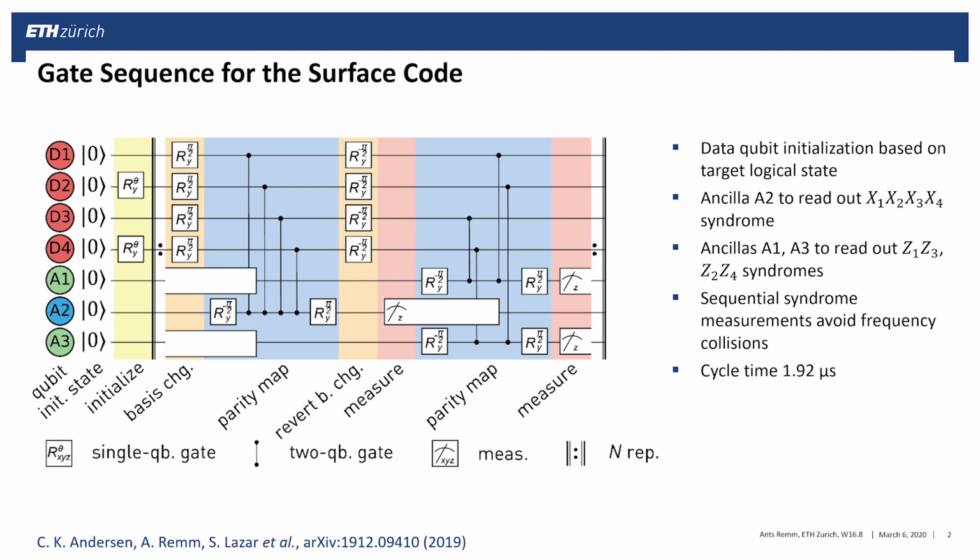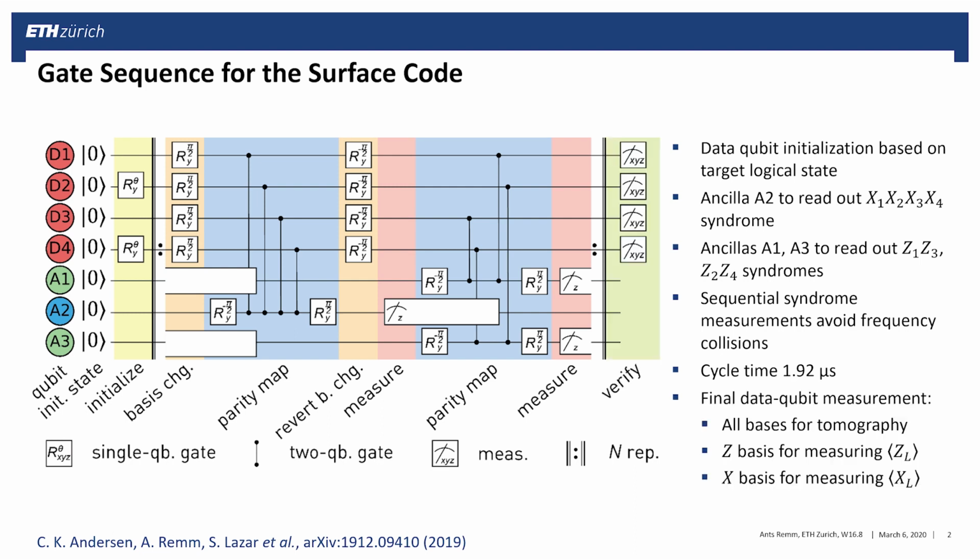We can repeat these stabilizer measurements for n rounds, with one full round taking on our device about 1.9 microseconds. After running the stabilizer measurements for n cycles, we read out the data qubits either in all Pauli bases for state tomography or just in the Z or X basis to read out the logical Z or X operator.